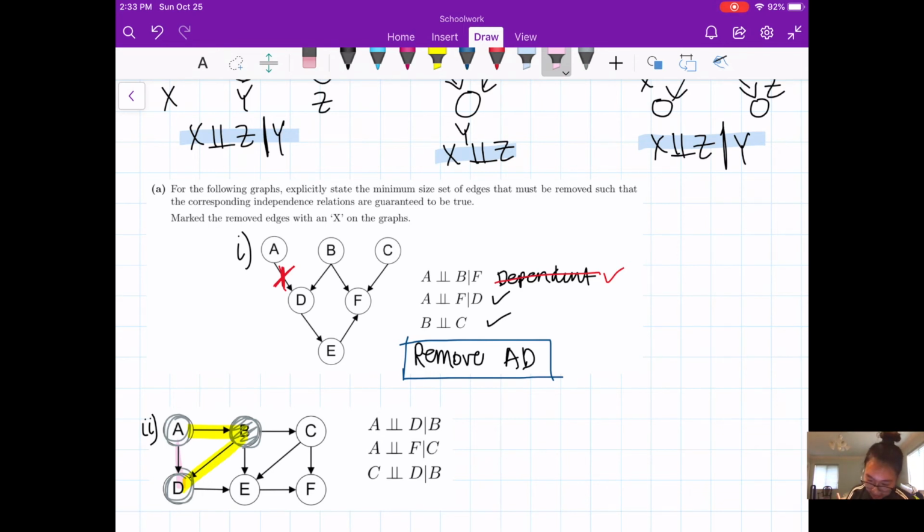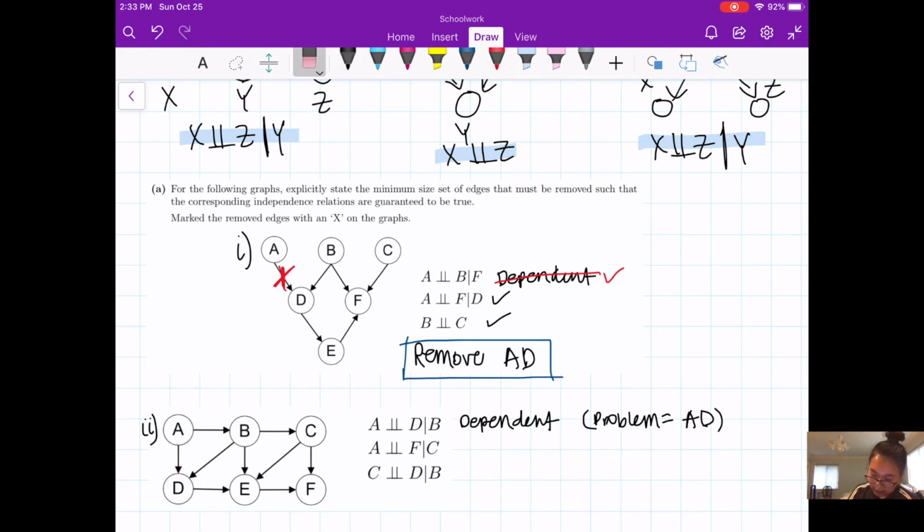So right now, this is dependent. And I'm specifically going to note that the problem is AD. That's just to keep in mind, maybe it's something we need to remove later on.